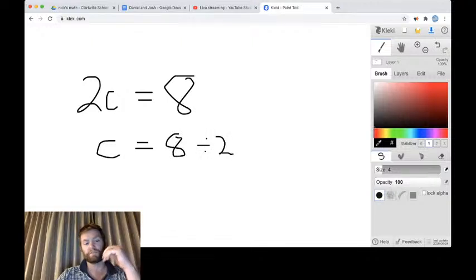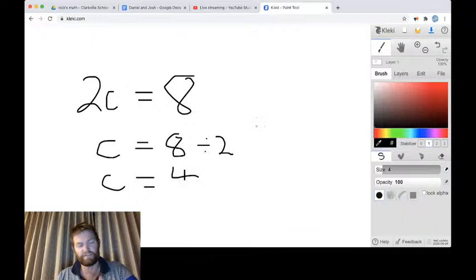It's really simple, because 2 times a given number equals 8. The given number is 8 divided by 2. So C equals 4. That's the philosophy that we're working on, balancing equations by flipping what side they're on.